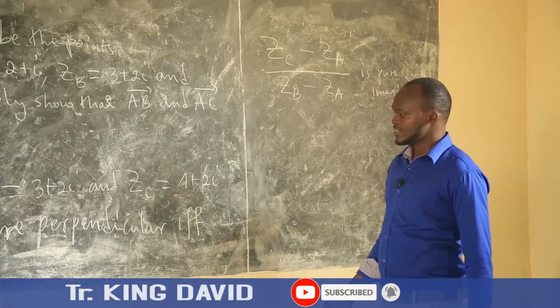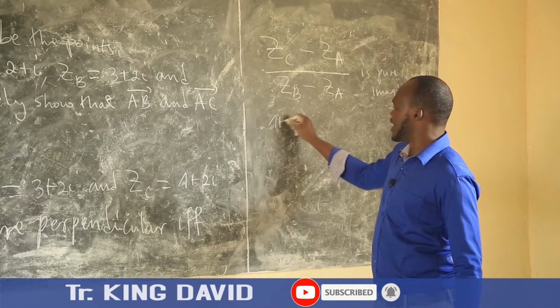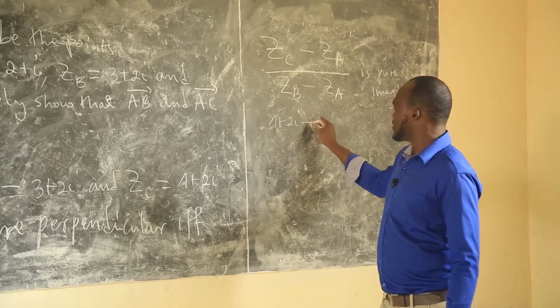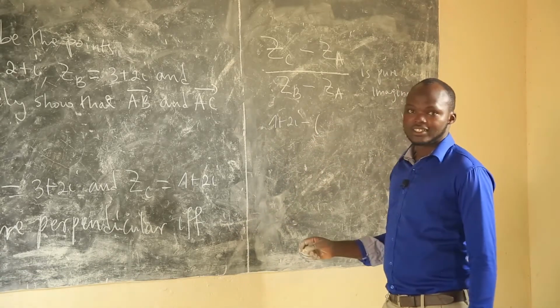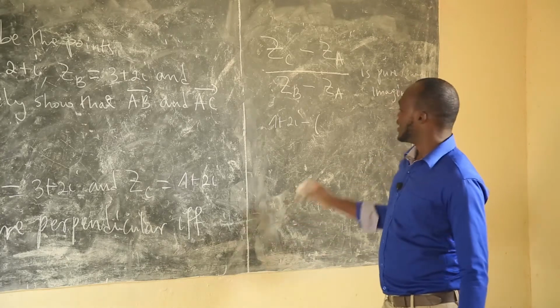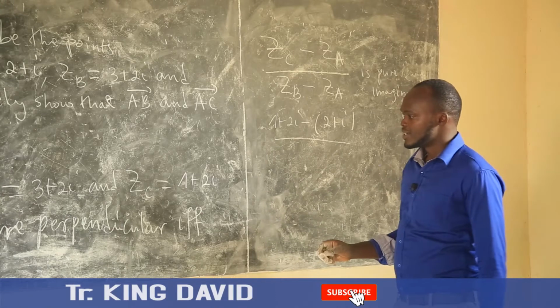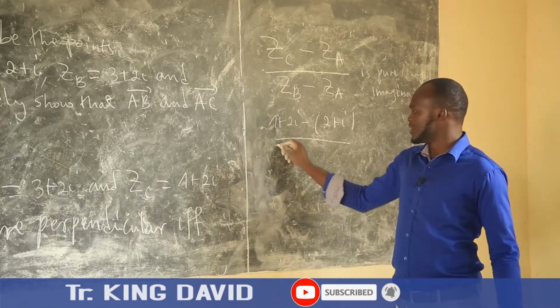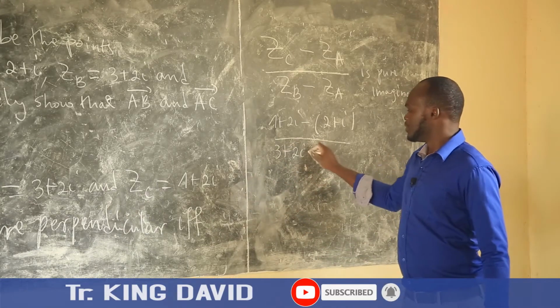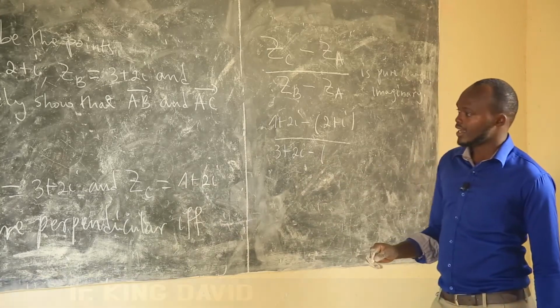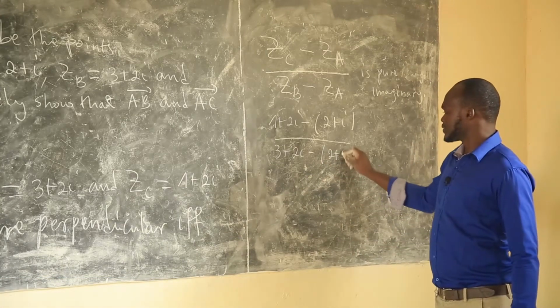Okay, what is ZC? ZC is 1 plus 2i, minus, we have to put a bracket here because the negative changes everything, what is ZA? 2 plus i, divided by ZB, which is 3 plus 2i, minus ZA, 2 plus i.